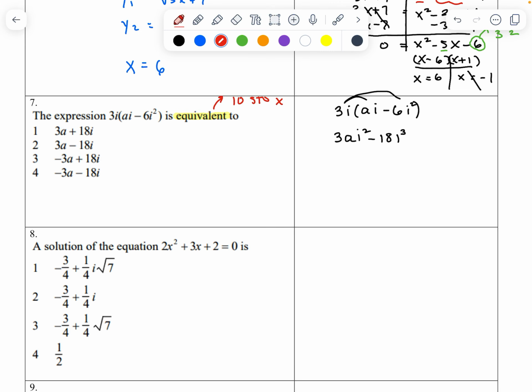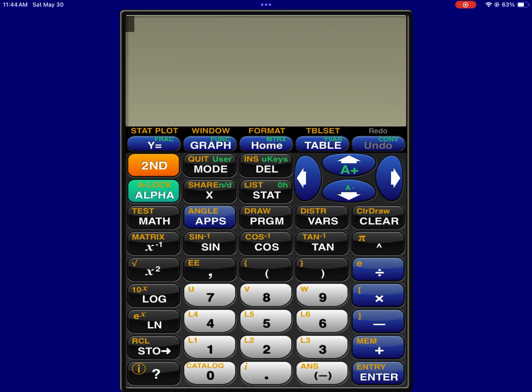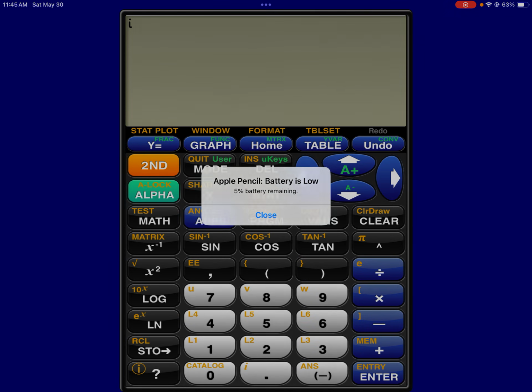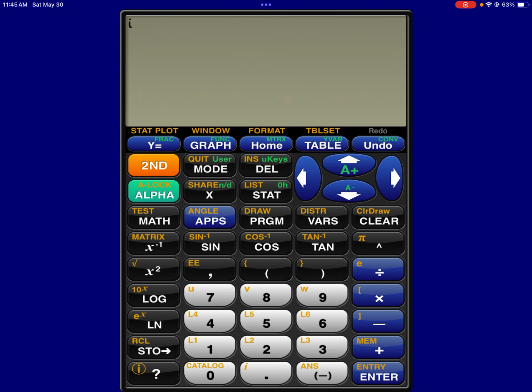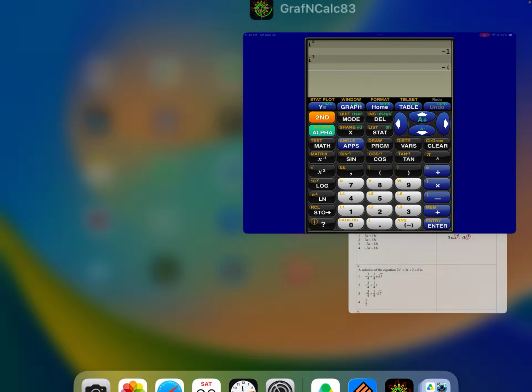And then when you change these, i squared and i to the third, you can actually put those in your calculator using second dot. Okay, it's your decimal point down there. All right, so if you do i squared, it's -1. If you do i to the third, it's -i.